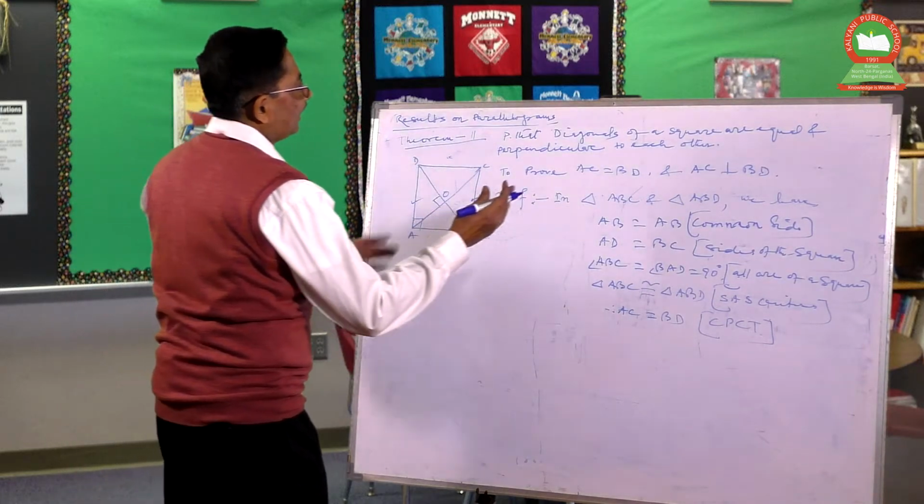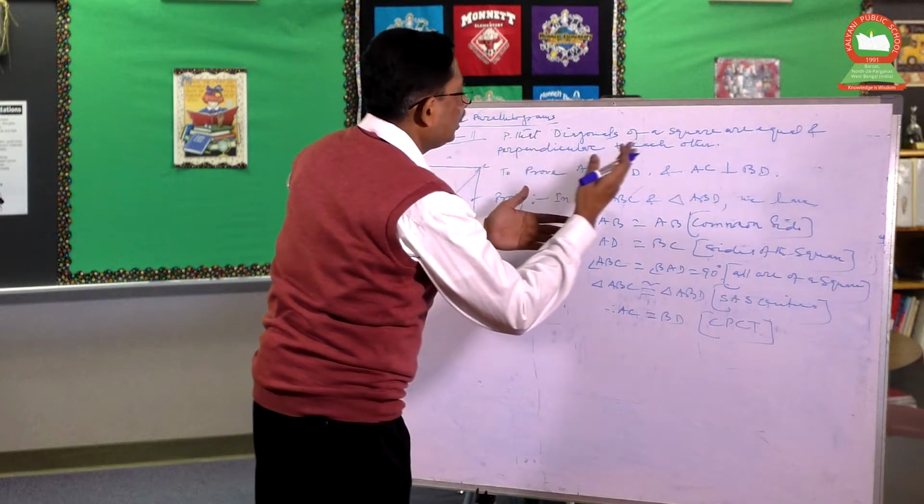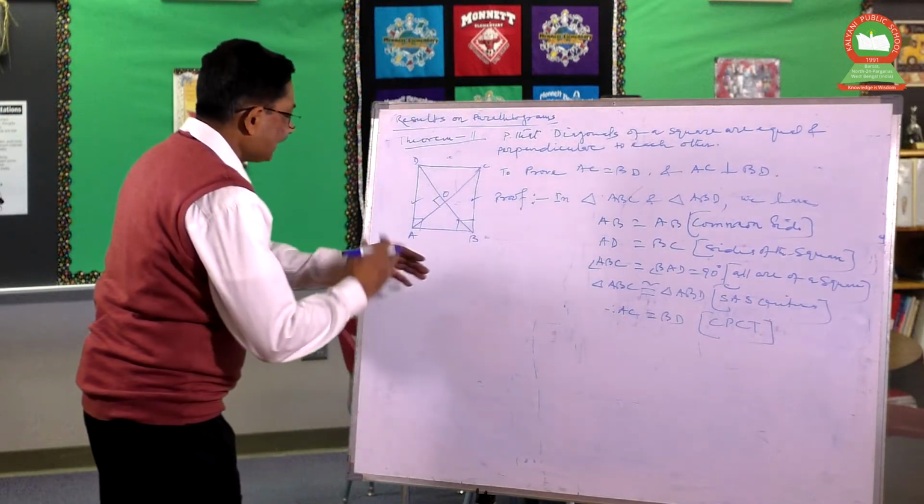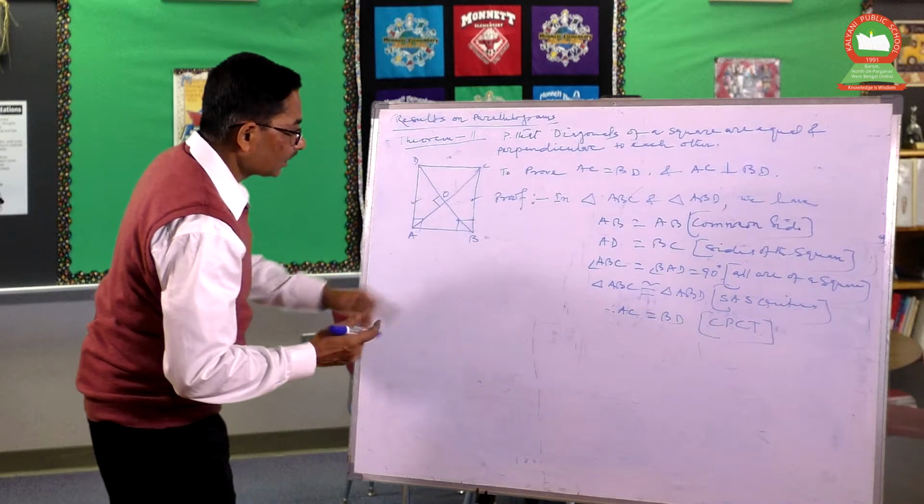The next part is whether they are perpendicular to each other or not, whether they bisect each other perpendicularly or not.